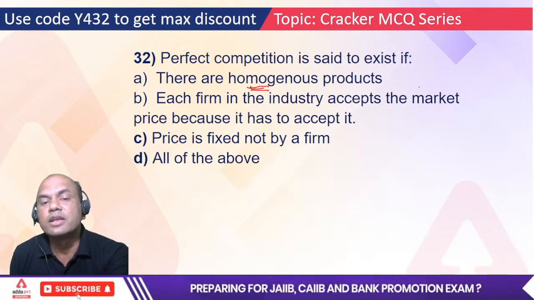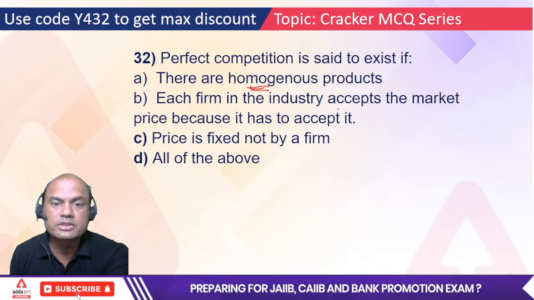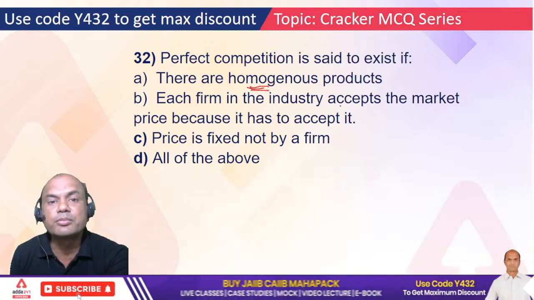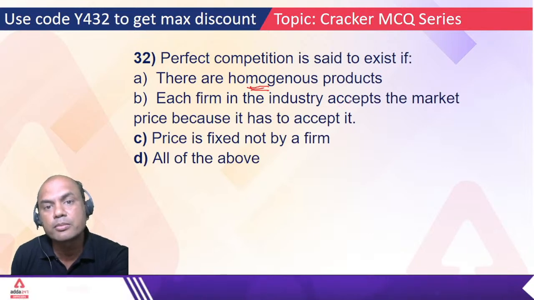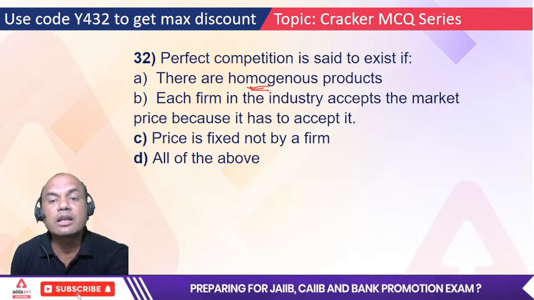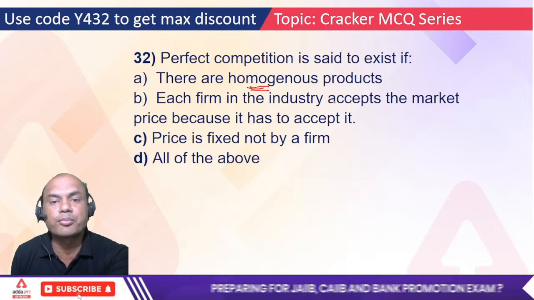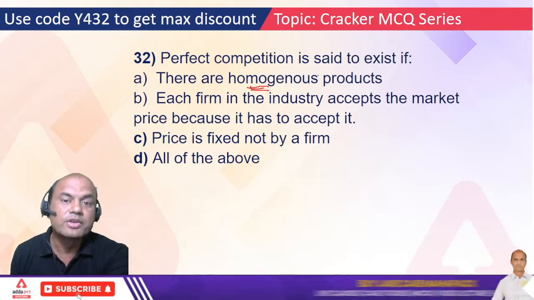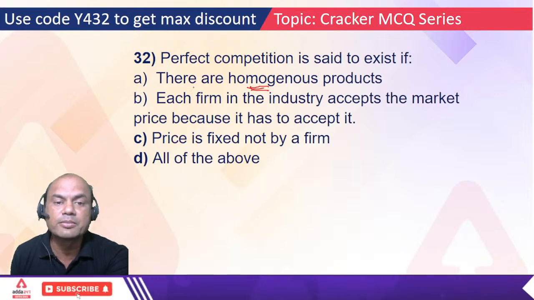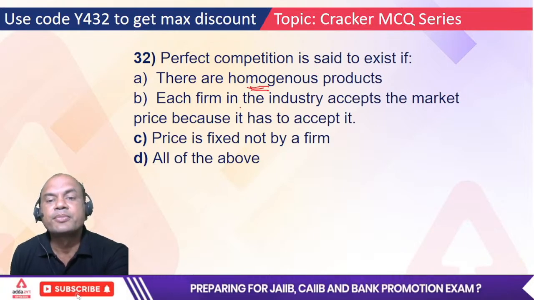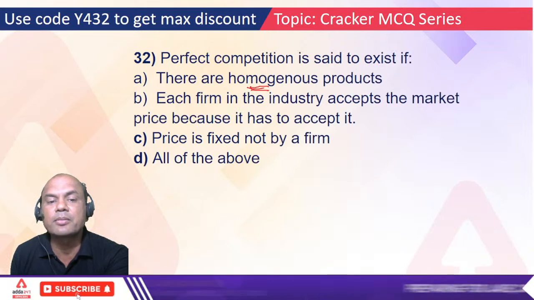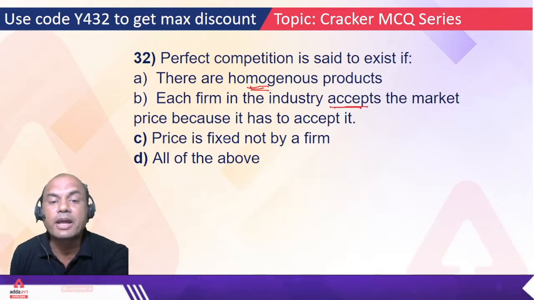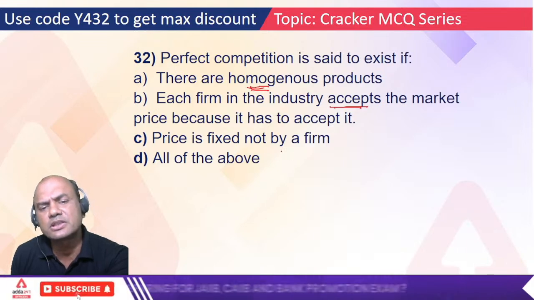Whenever a new company comes into the refrigerator market, it always tries to match the price going on in the market now. It can't say I'll give you a refrigerator at double the price. Nobody will buy it, isn't it? So perfect competition means all these three points. Each firm has to accept the market price, and price is not fixed by the firm. Then who fixes it?